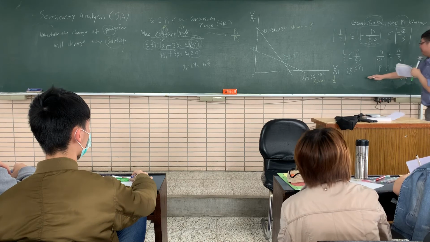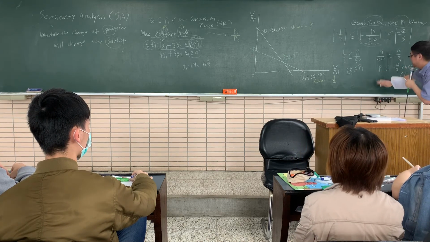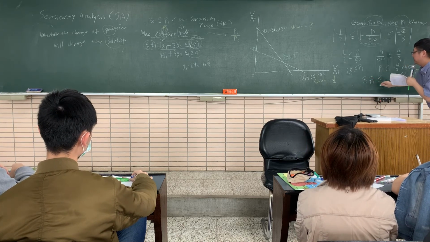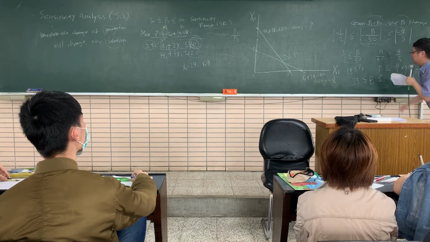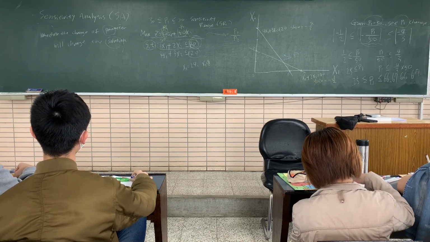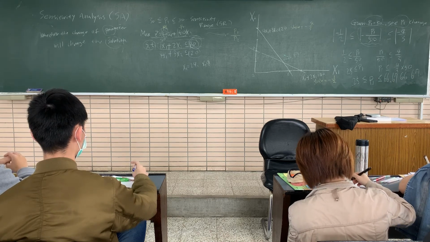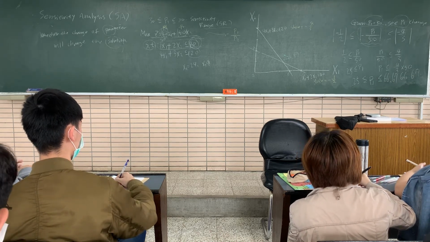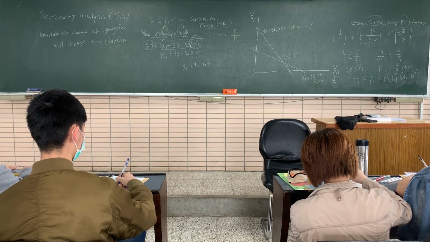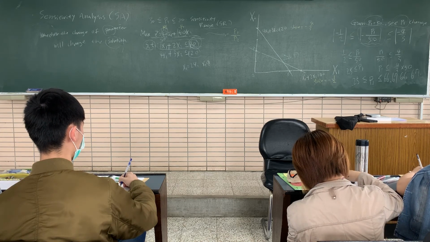So we combine these two ranges. We will see P1 is a value between 25 and 66.67. So it's one way, the usual way to calculate the sensitivity range for the coefficient in the objective function.